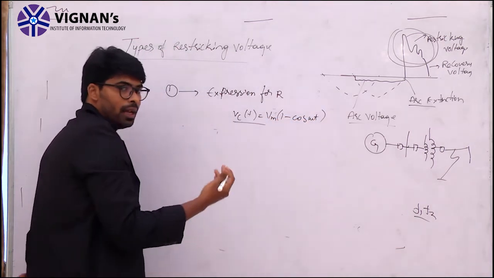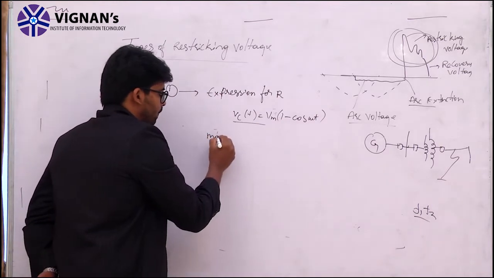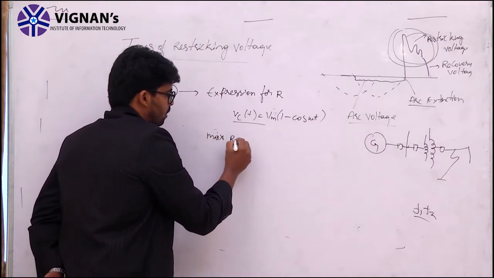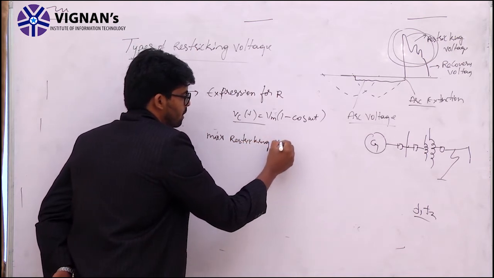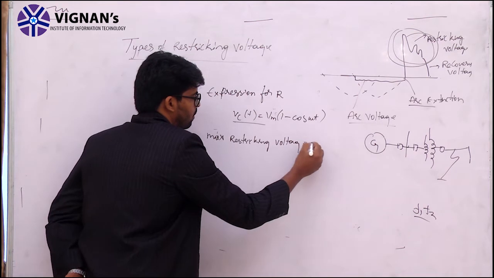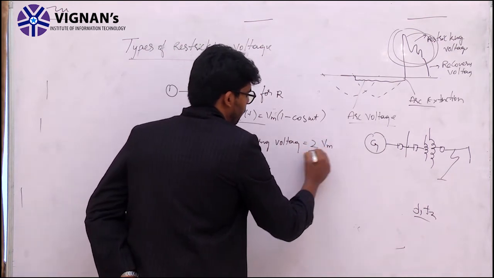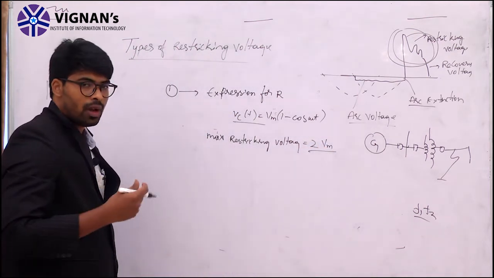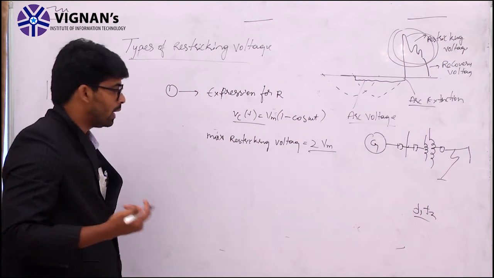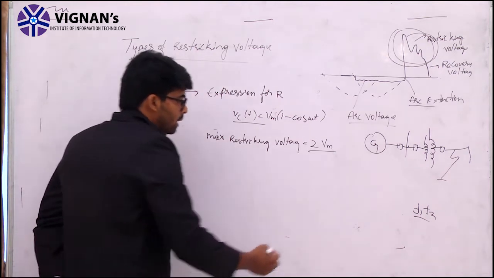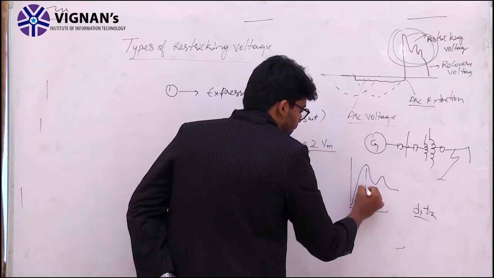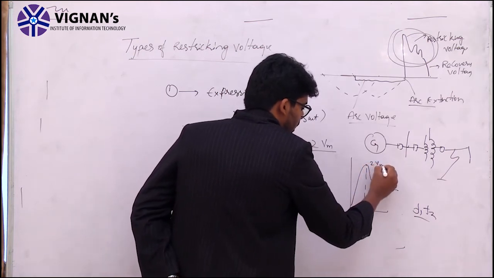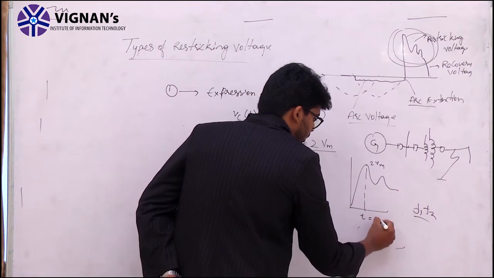And then we derived the maximum restriking voltage, which is given by 2 times the supply voltage, 2 Vm, at a time t equal to pi root LC.